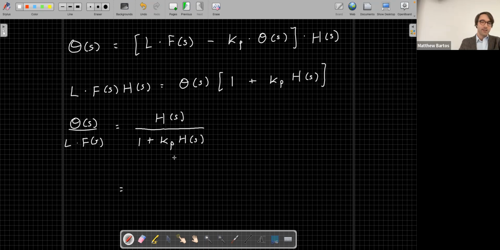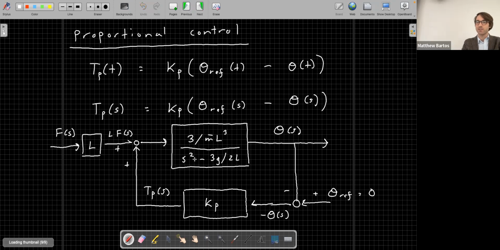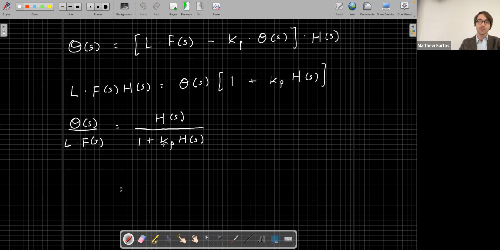So let's go ahead and compute. Let's expand out h of s to see what the closed loop transfer function looks like. Okay, so we have that h of s is equal to this expression here. It's this open loop transfer function, so let's substitute that in. In the numerator, we have 3 divided by m bar L cubed divided by s squared minus 3g over 2l.